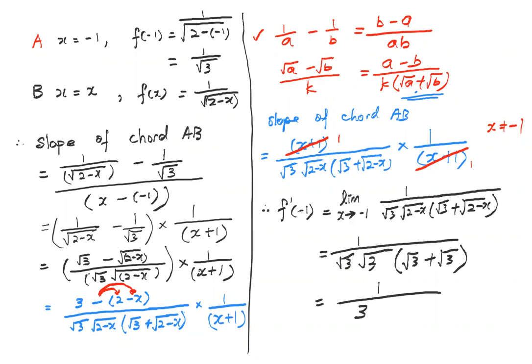Square root of 3 plus another square root of 3, you got 2 times square root of 3. So the answer is equal to 1 over 2 times 3 is 6. 6 times 3 is 18. So this will be 18.